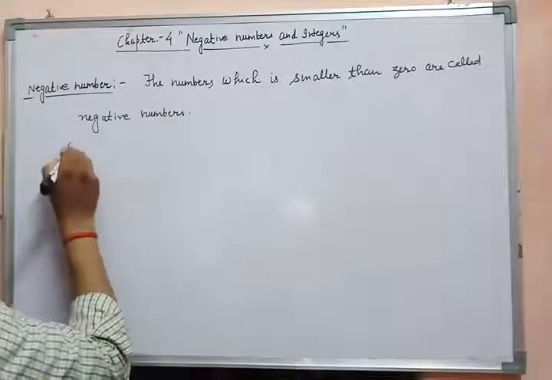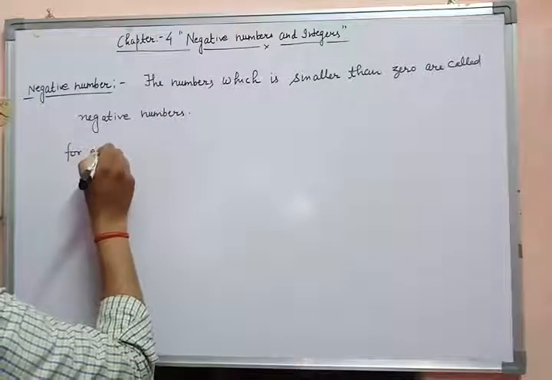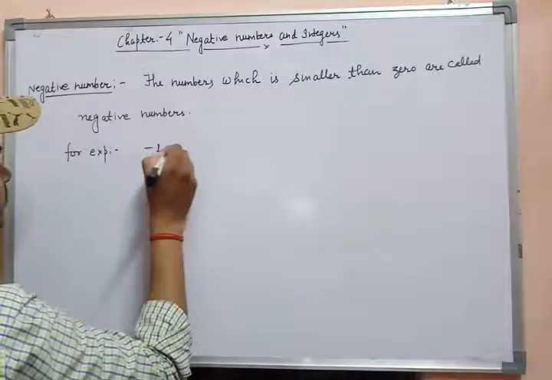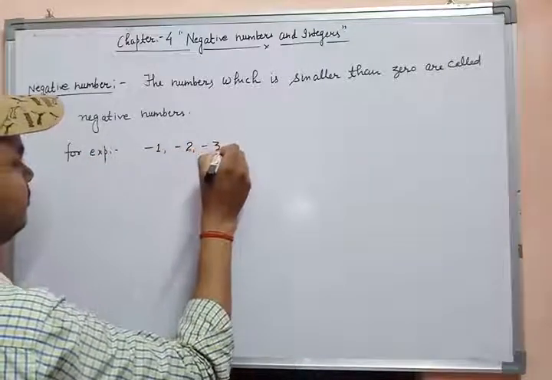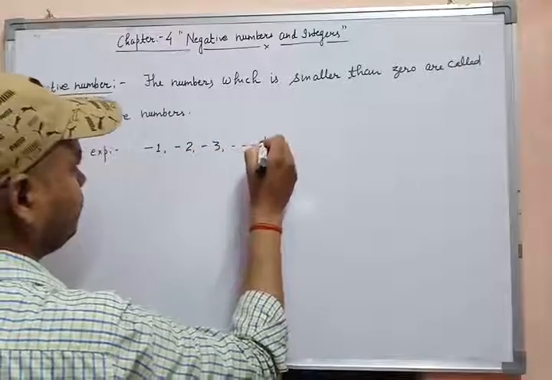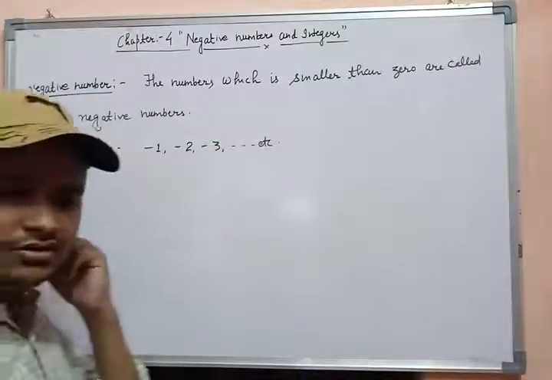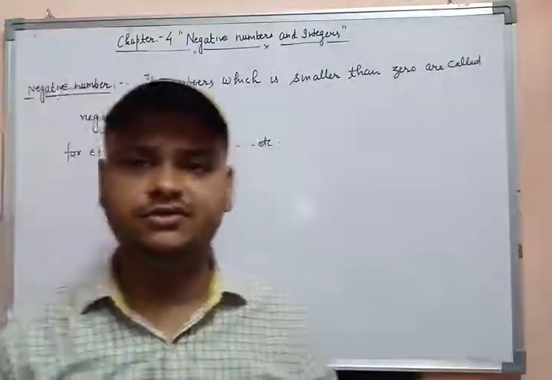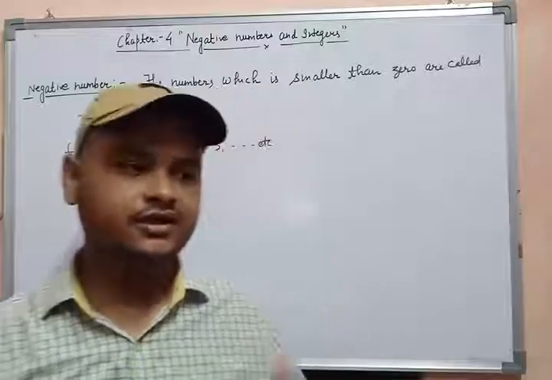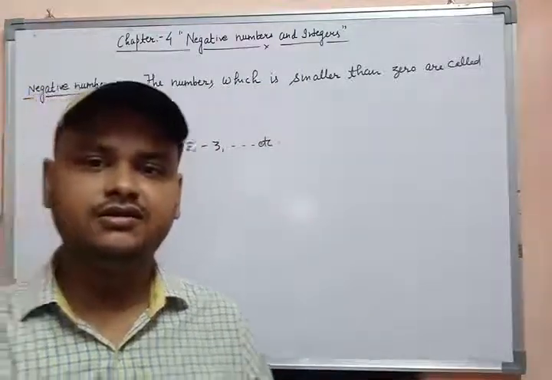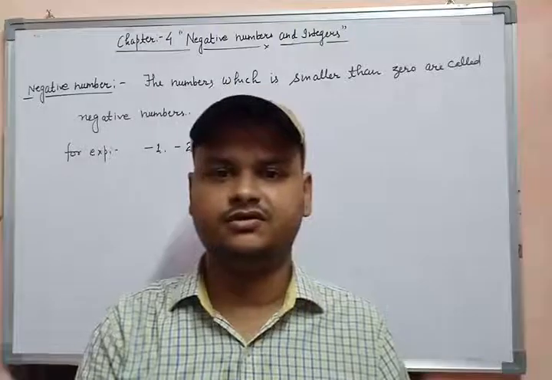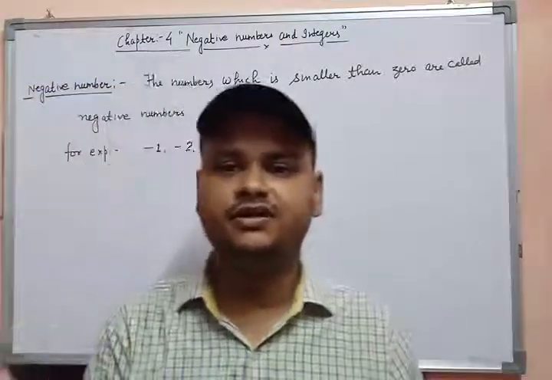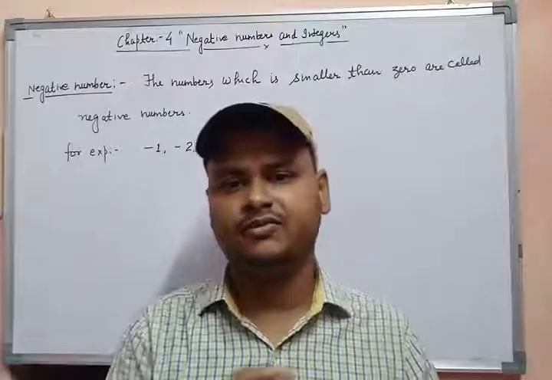For example, -1, -2, -3 and so on. So students, keep in mind the concept: when a number is smaller than 0, it is negative, and when a number is greater than 0, it is called a positive number. Okay, so 0 lies between all the negative numbers and all the positive numbers.